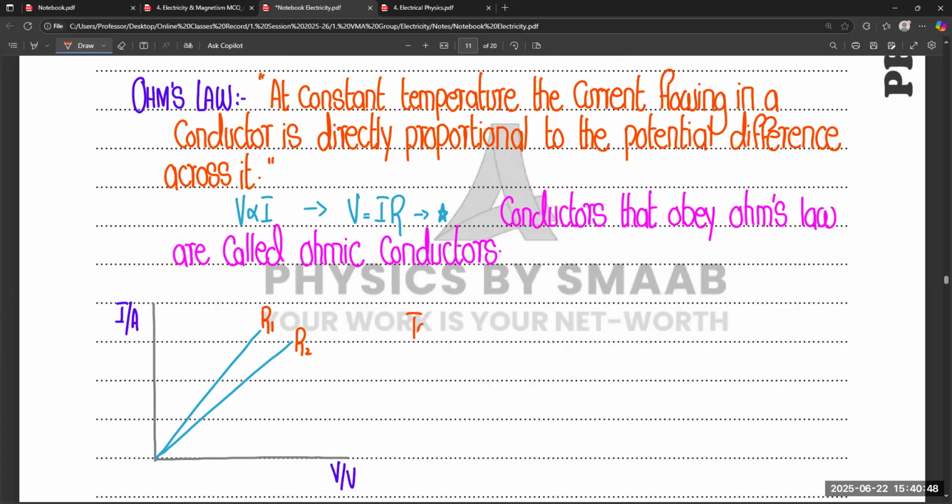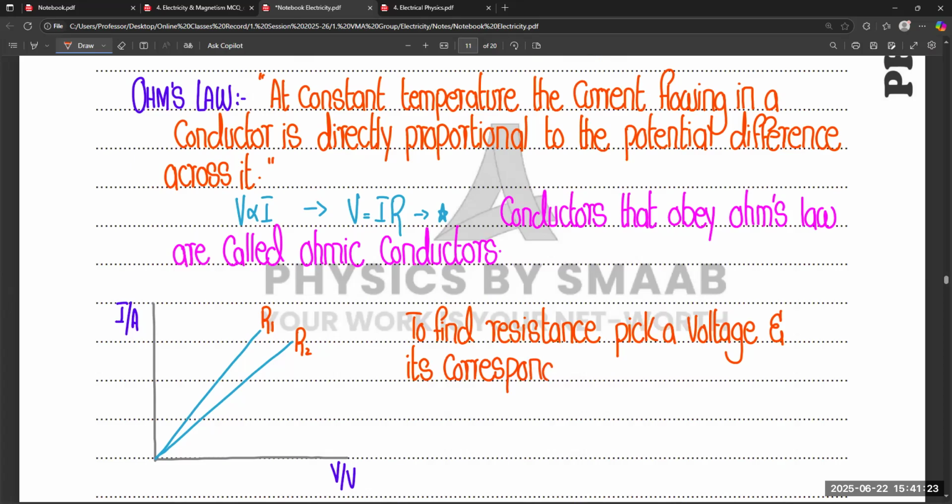So basically, from the graph, let's suppose we want to find out resistance, pick a voltage and its corresponding current from the graph, and apply.